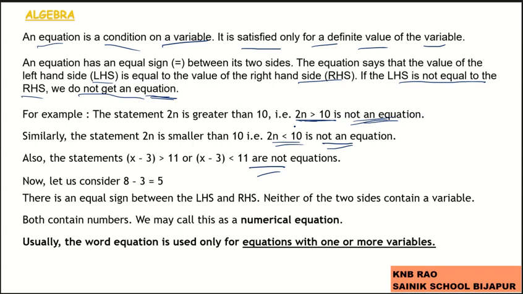The original concept says a statement of equality which is truthful is called an equation. If it has a variable, then it is called an algebraic equation. If it doesn't have a variable on either the left hand side or right hand side, then it is called a numerical equation.